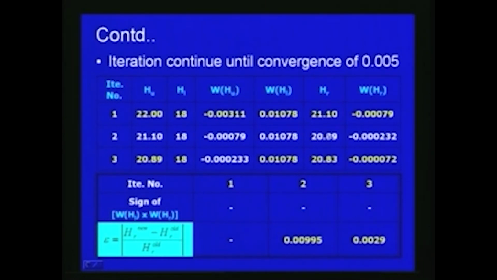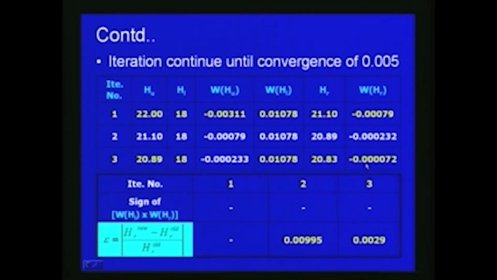Now the next upper value is 20.89 and the lower is the same, and we again calculate W(HU) and W(HL). W(HU) is minus 0.000233 and W(HL) is 0.01078, and then HR we find is 20.83.